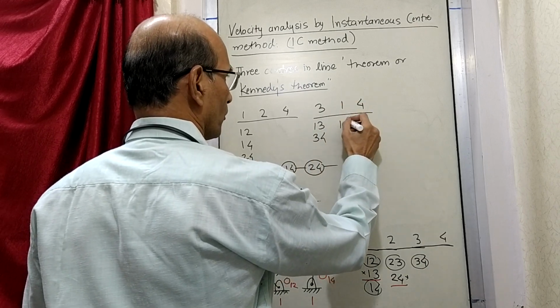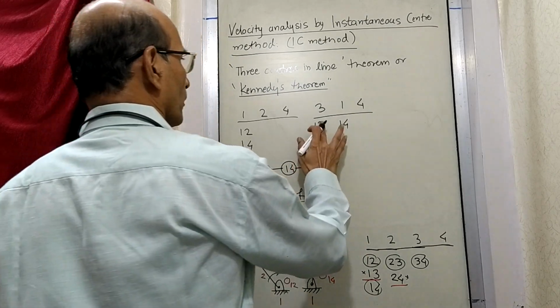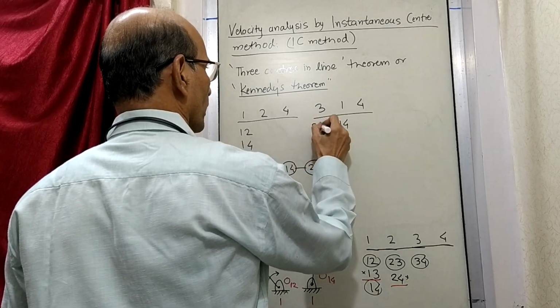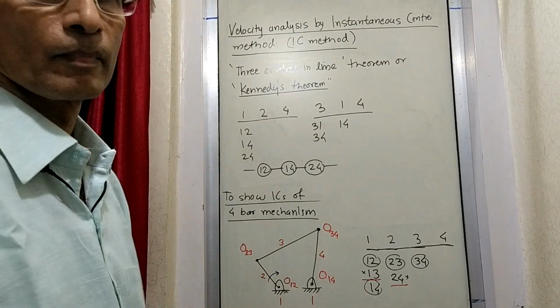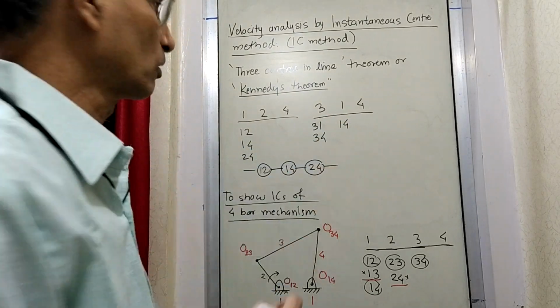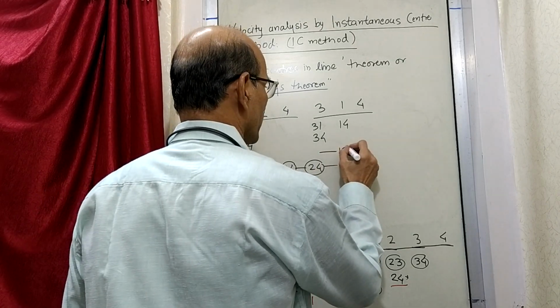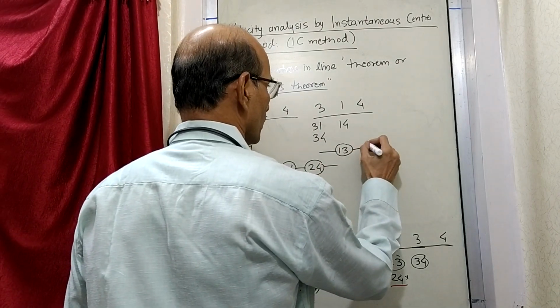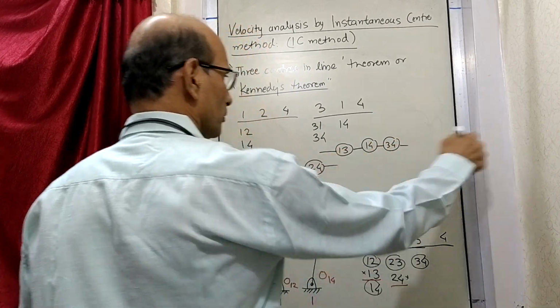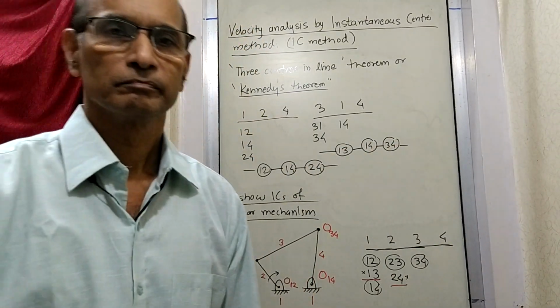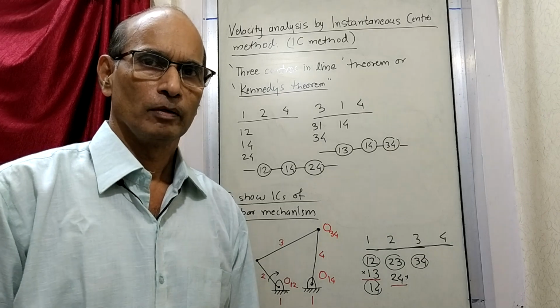Maybe like this, 1, 3, 3, 4 and 1, 4. Now these 3 centers, they are going to be in one line. So 1, 3, same as 3, 1, then 1, 4 and 3, 4, they will be in one line.